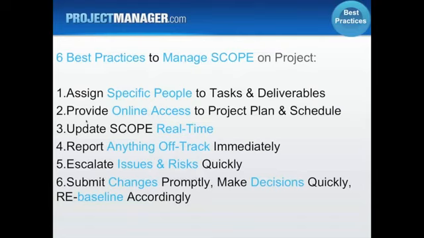we feel strongly that you have to assign specific people to the tasks and deliverables. So if you remember the deliverables diagram early on that we showed of all of the scope, the deliverables being produced, when you're managing your project as a project manager, you're managing the scope, you want someone specific to be able to go to and address for the tasks and deliverables being produced, because again, remember, you're constantly monitoring and asking, is the scope or the deliverables being produced, is that in the original scope?